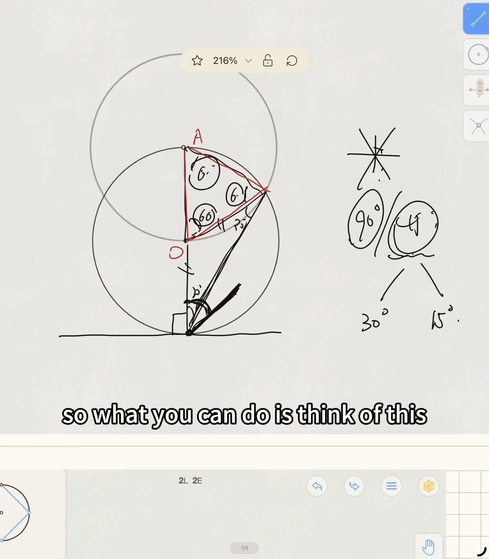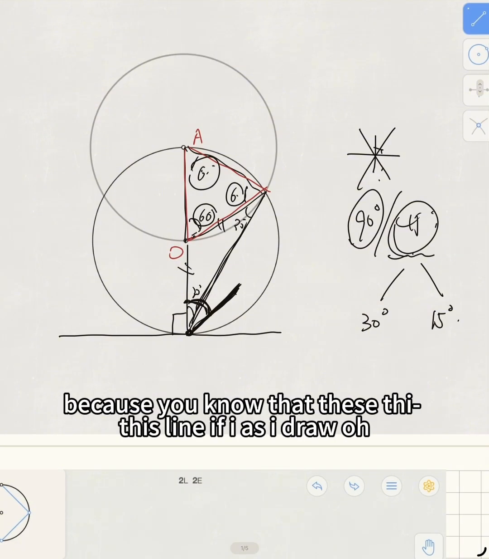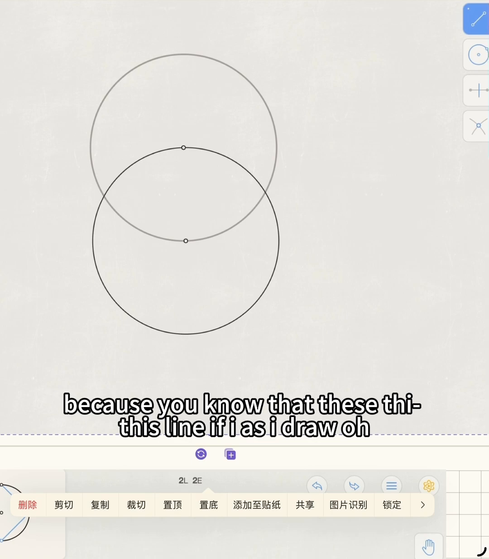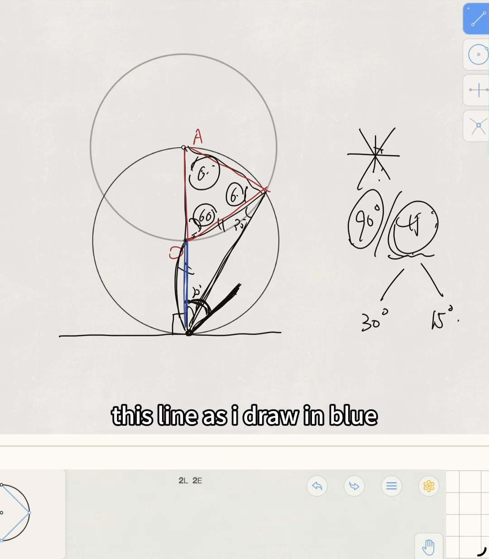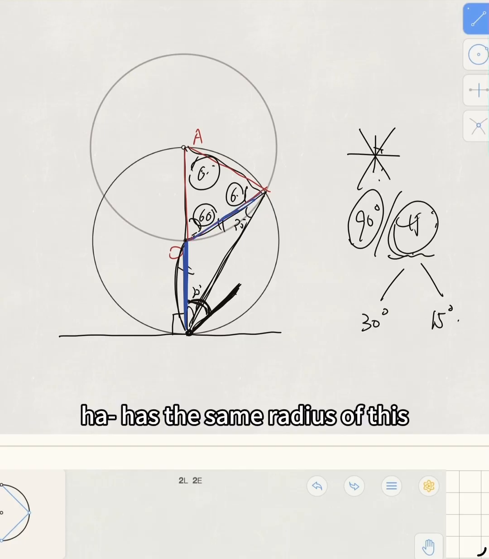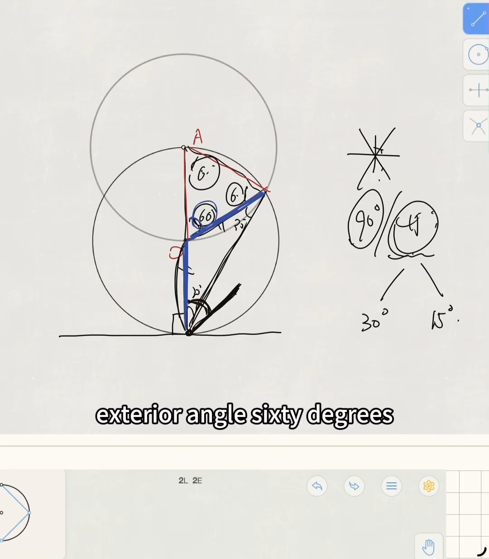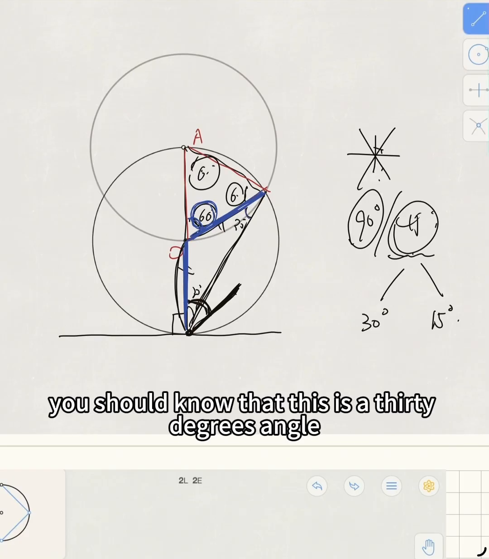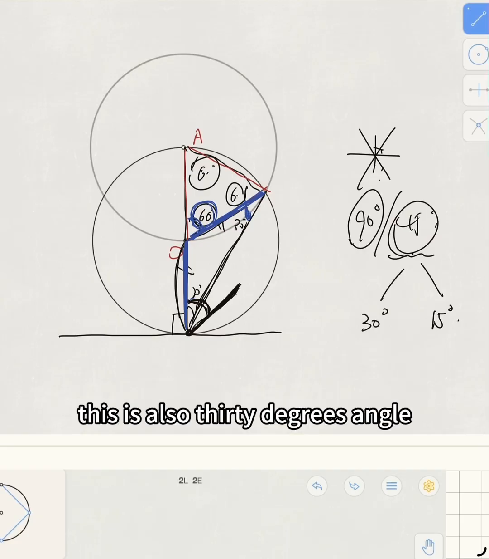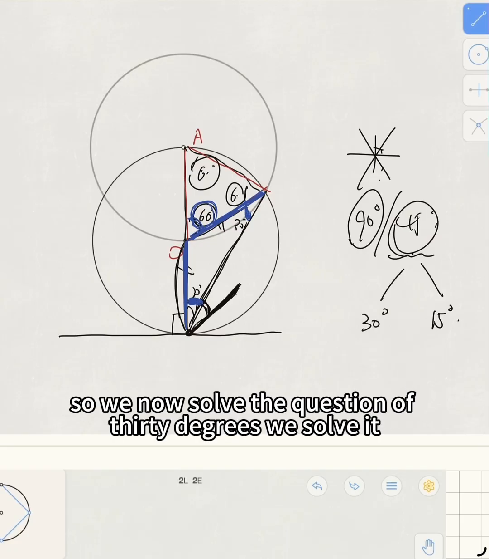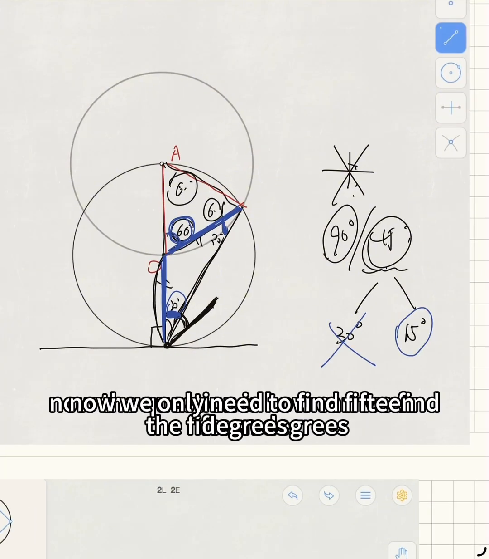What you can do is think of this line, as I draw in blue, which has the same radius as this, so they have the same length. Also because they have an exterior angle of 60 degrees, you should know that this is a 30 degrees angle. This is also a 30 degrees angle. So we now solve the question of 30 degrees. Now we only need to find 15 degrees.